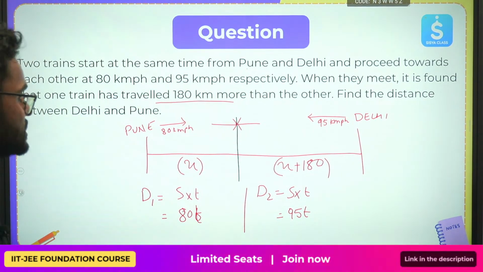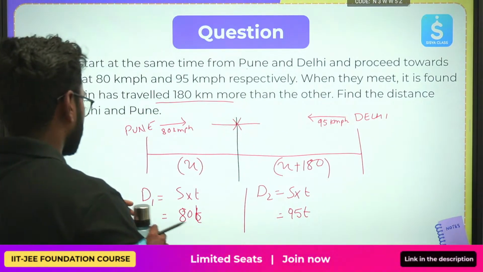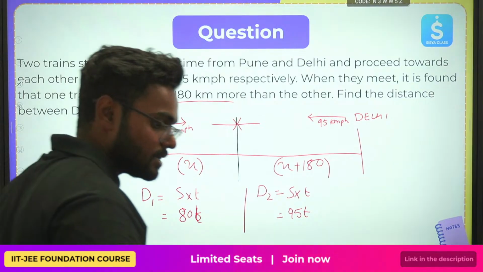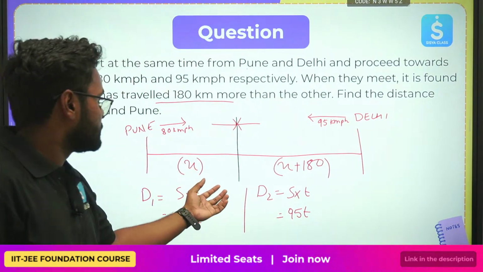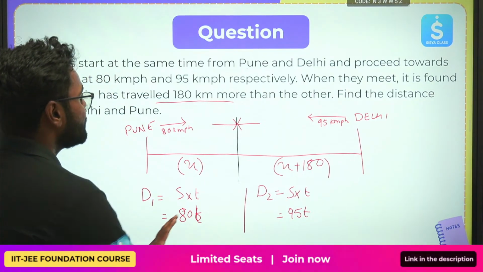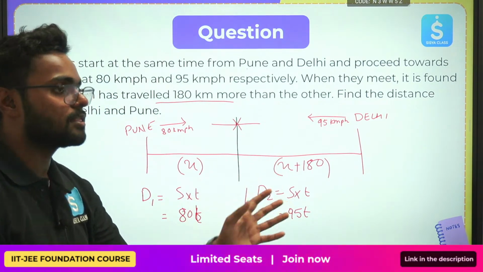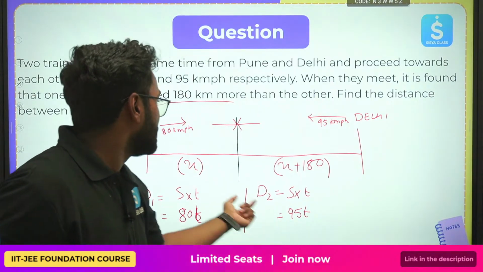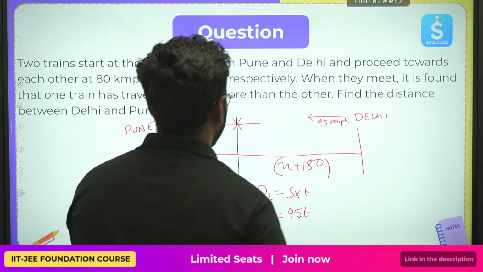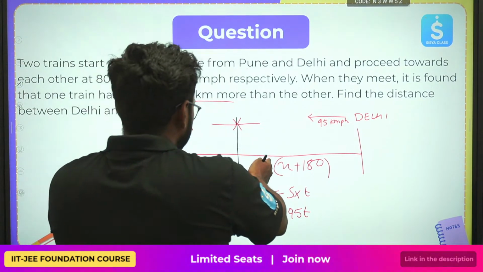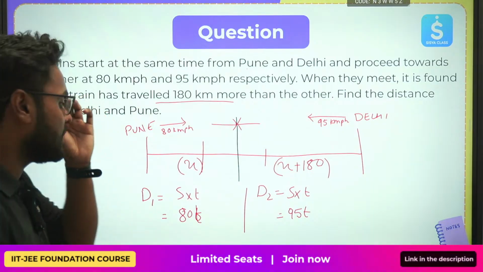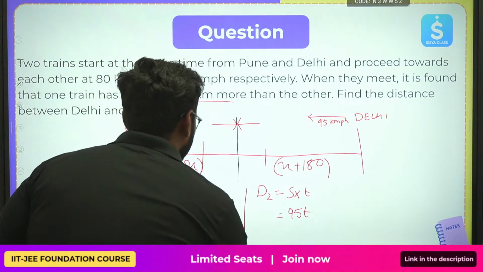Now if you see, combined, they are moving 2x plus 180, got it, 2x plus 180. If I subtract both these equations, the difference of the distance between these two is 180 kilometers. Since this train is covering more distance, the difference between the distance covered by this train and the distance covered by this train would be 180 kilometers. That's the question, we are just representing it.